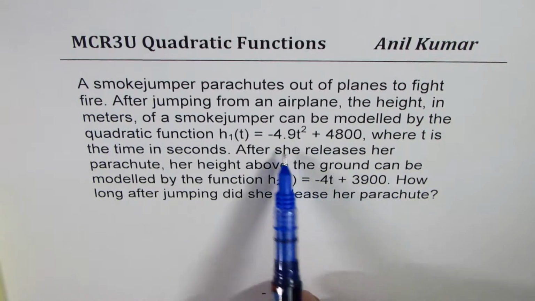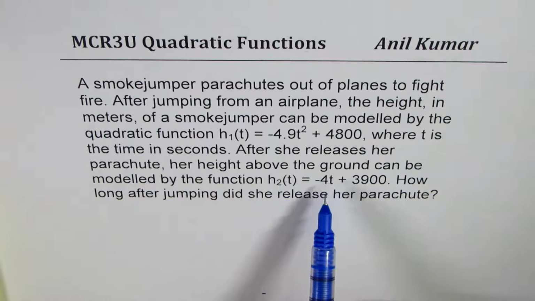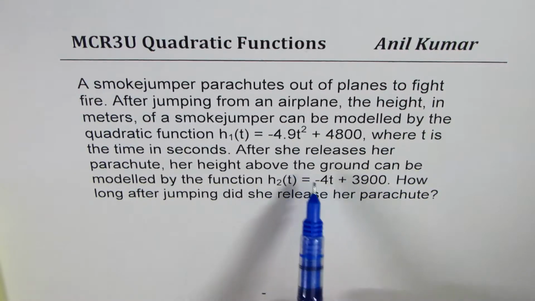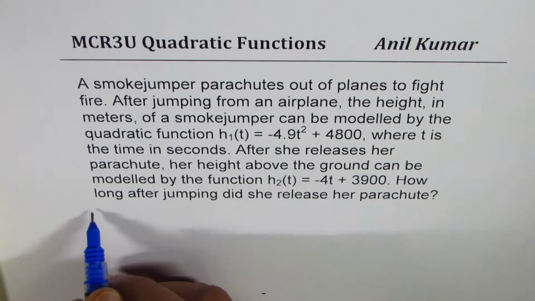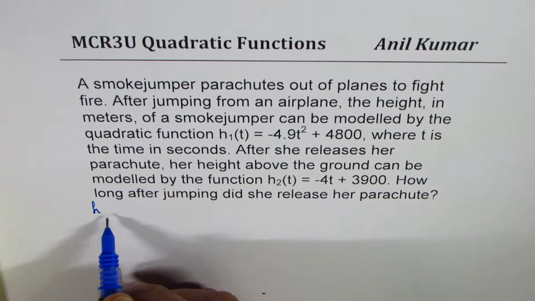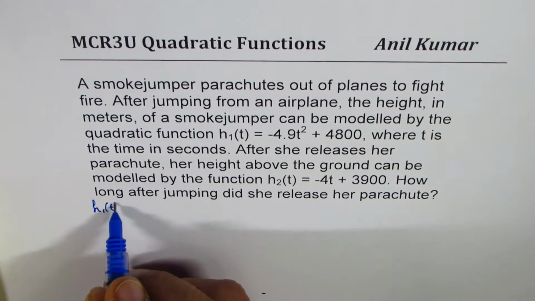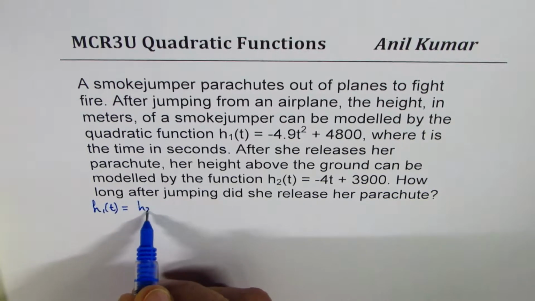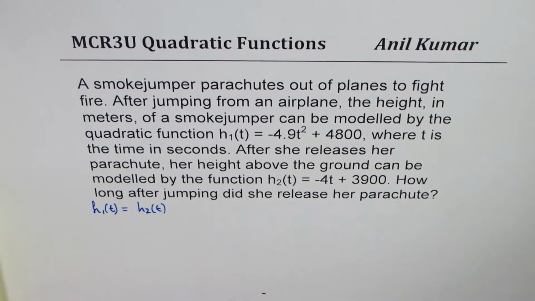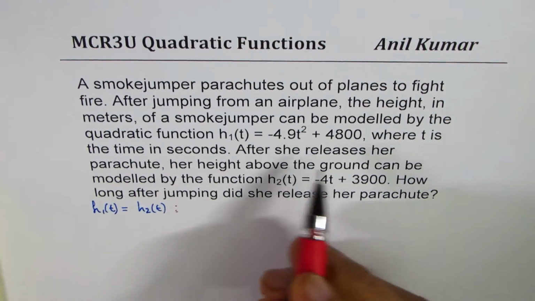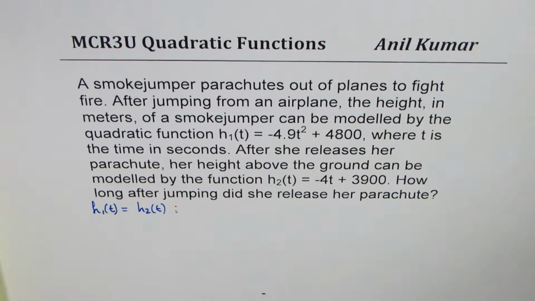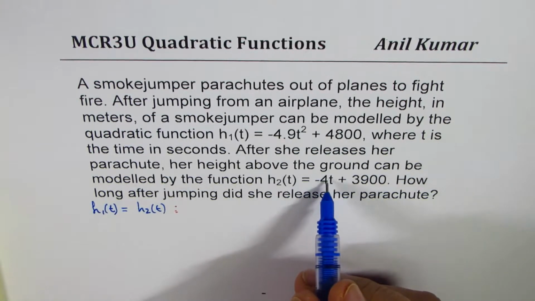Well, this is a continuous function, so the time when the parachute was released should match, right? And therefore, we are interested in finding the time when h1(t) is equal to h2(t). That is the basic concept. And therefore, we can equate these two equations and find time.